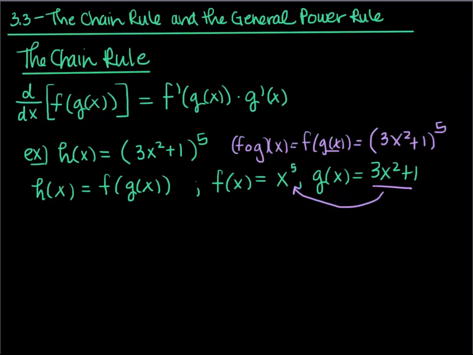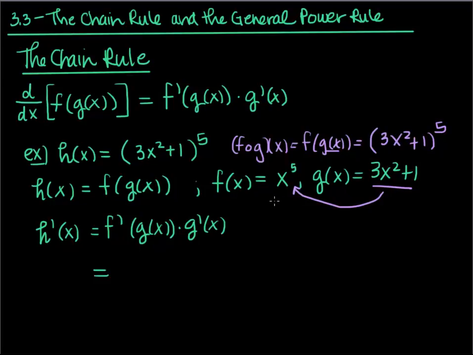Look at what the chain rule tells us to do. It tells us to take the derivative of f, evaluate it at g, and multiply by the derivative of g, g prime. So if I wanted to take h prime, this would be f prime of g of x times g prime of x.